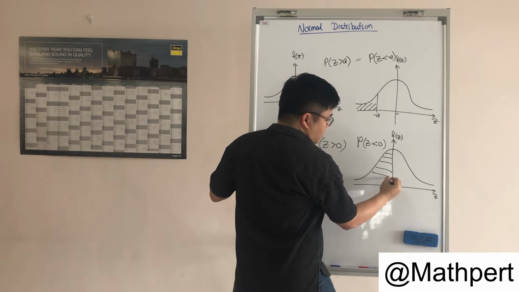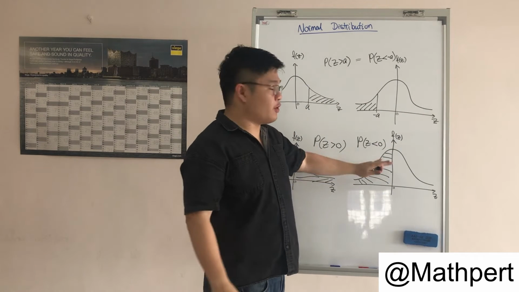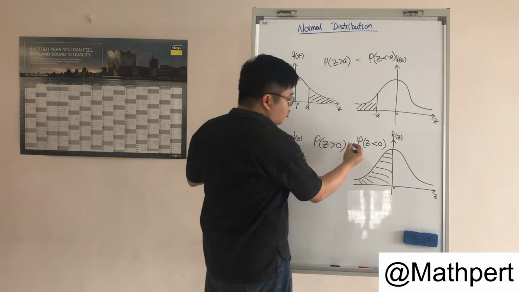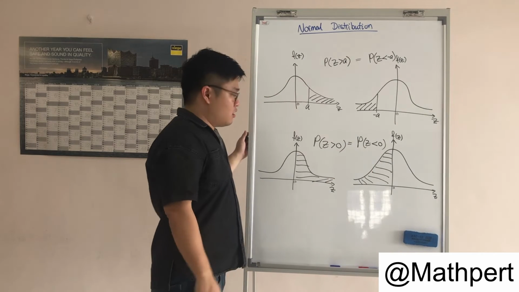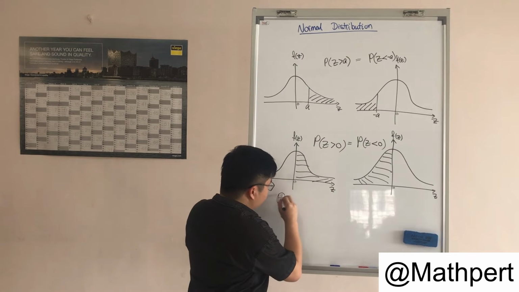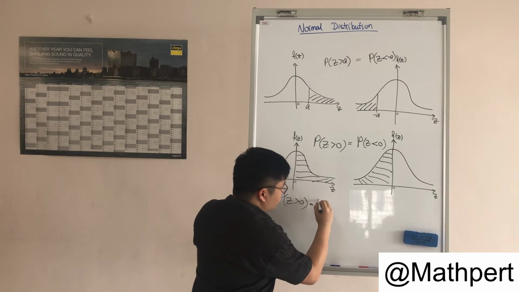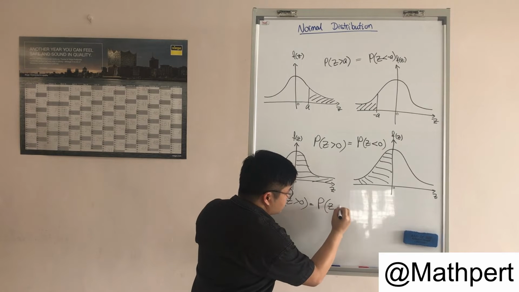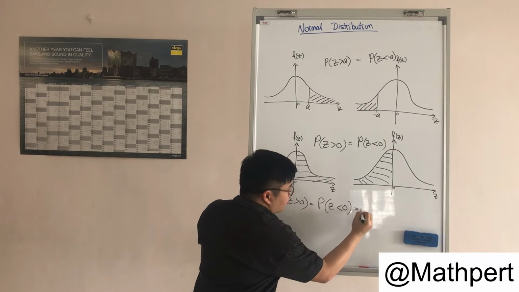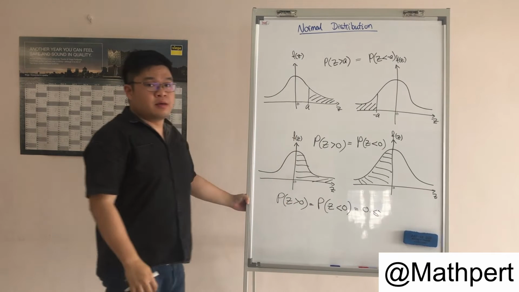These are the shaded region that the question is referring to. And these two are equal. Also, P(Z > 0) equals P(Z < 0). Both of them are equal to 0.5.